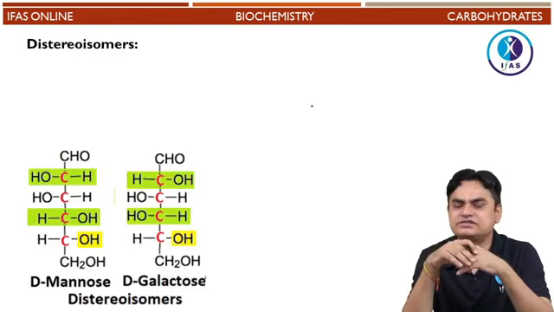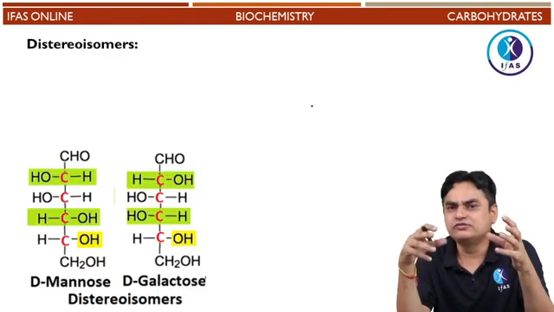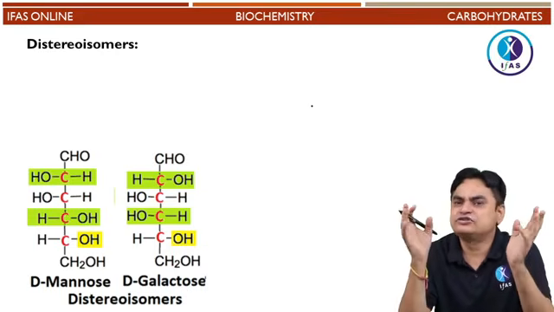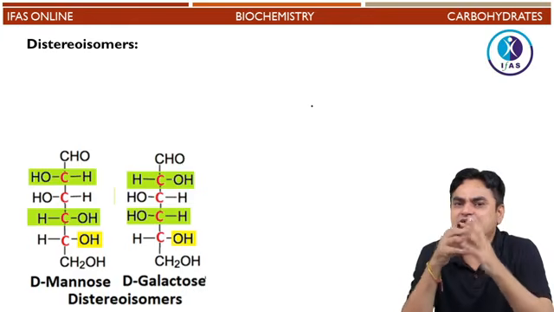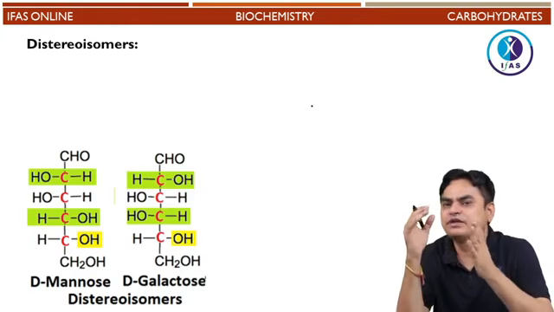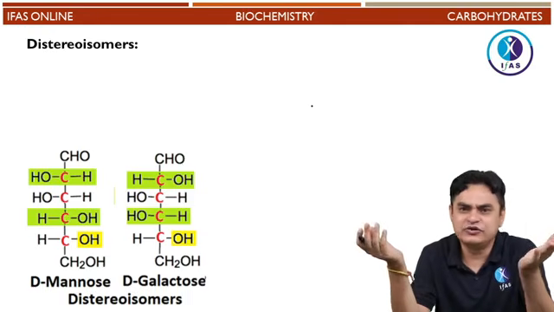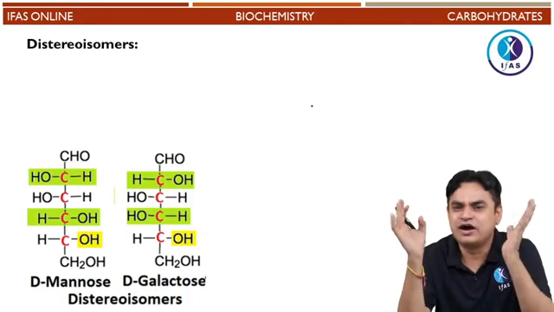Now friends, all molecules need not be a mirror image. If the stereoisomers are not the mirror image, then they are another type of stereoisomer referred to as diastereoisomers.